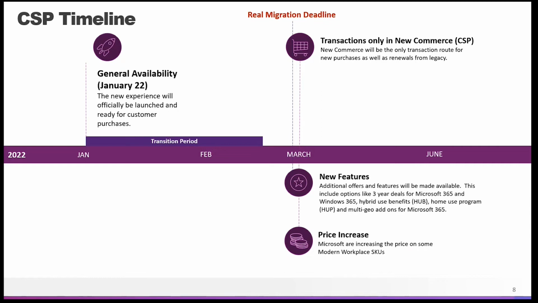But from this slide, you can see the CSP timeline for NCE, which we are working towards, both Pugh and Arrow. So the general availability for NCE SKUs is January 2022.